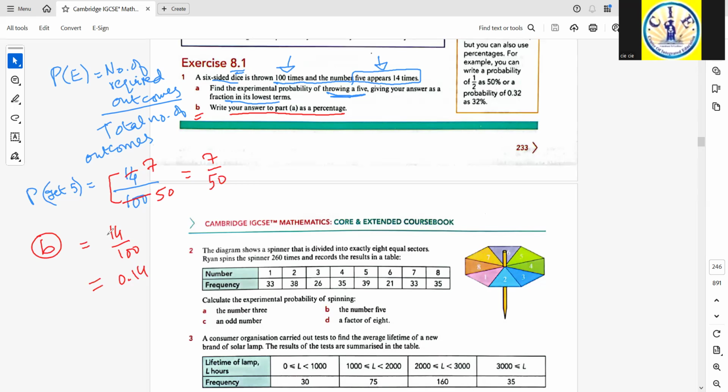So that is the answer of writing the probability as a percentage. In this case, that was 14 by 100. That means 14%. This is in percentage. 14% or 0.14, you can have it like this. Either it is 0.14 or 14%.